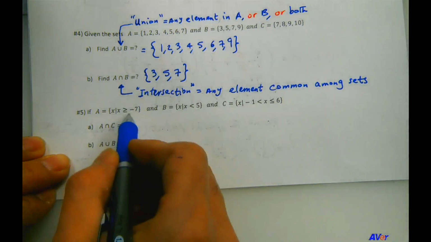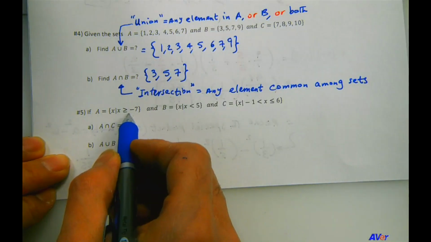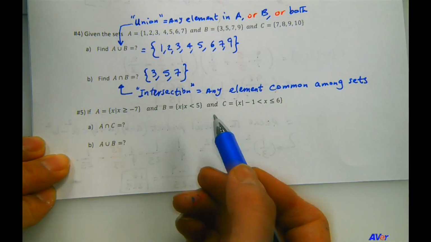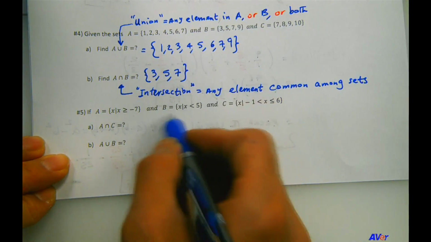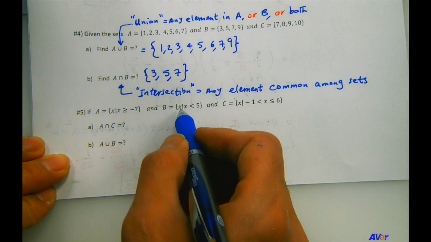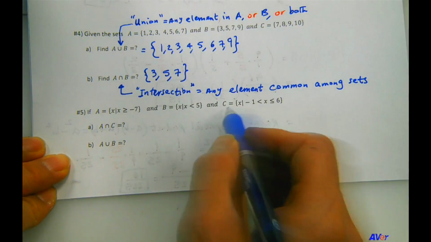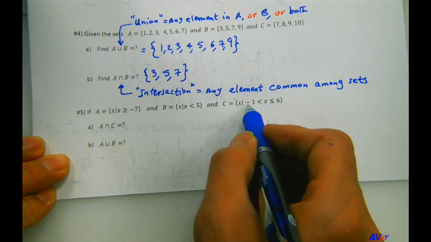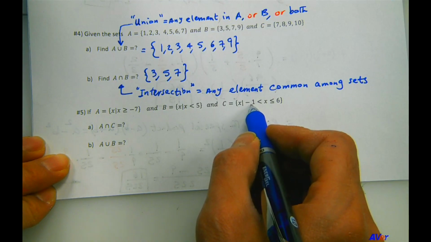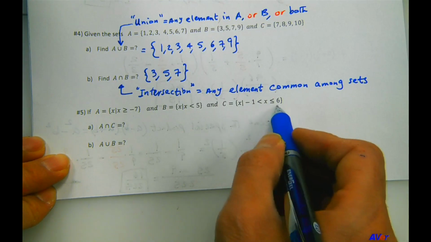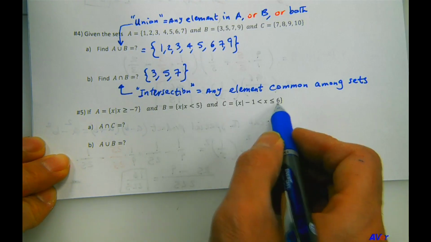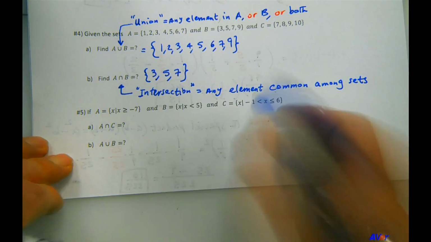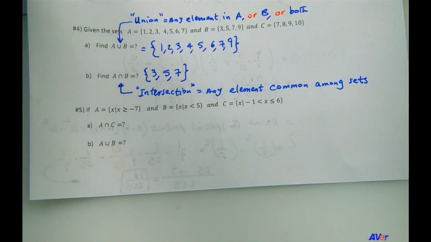Anything equal to or greater than -7 is part of set A. With respect to B, anything that is less than 5 is part of that set. And with respect to C, anything between -1 and 6, such that X can be equal to 6 but not equal to -1.